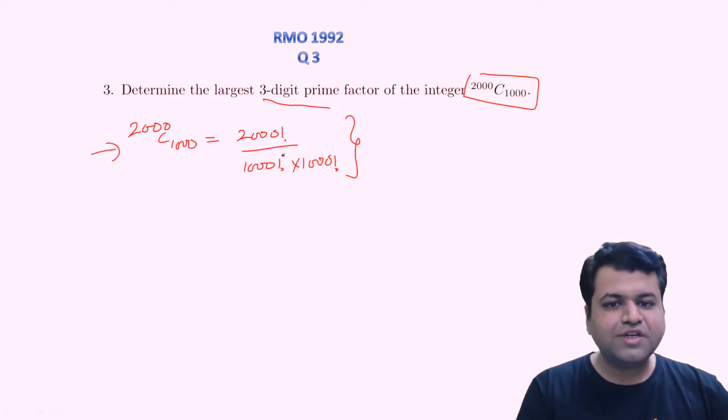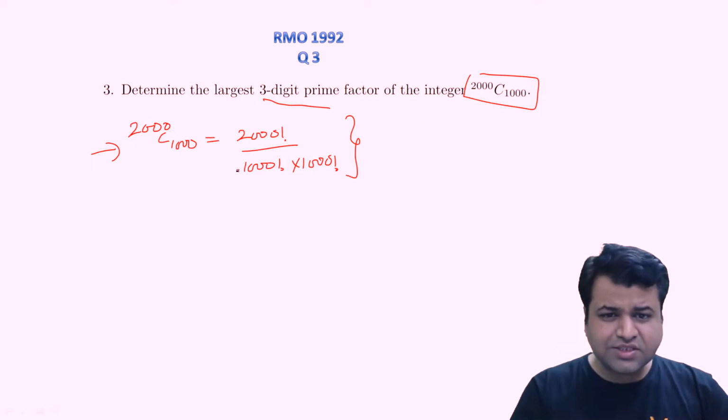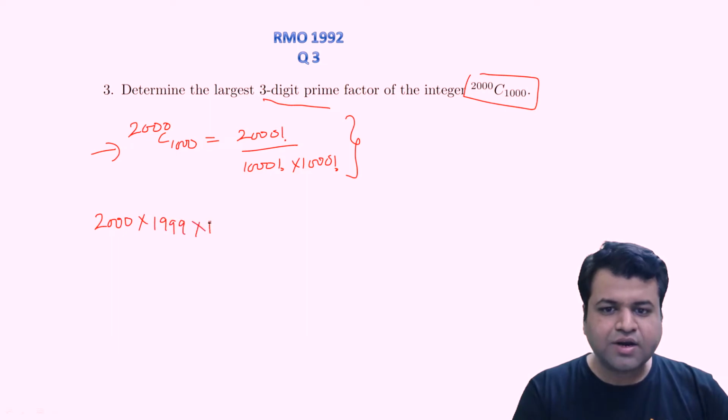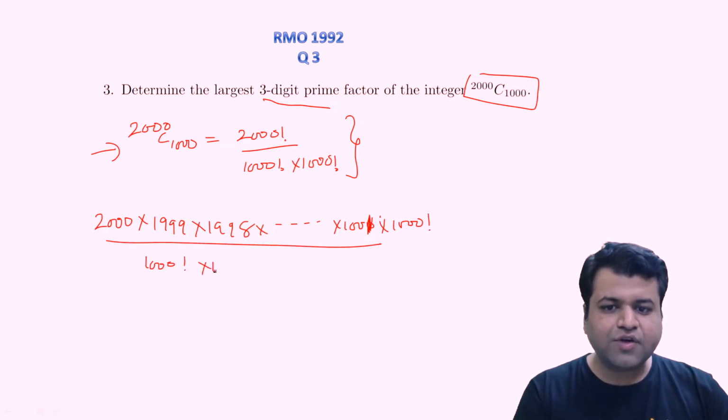If you clearly see, 2000 factorial will be nothing but 2000 into 1999 into 1998 and so on till 1001, into 1000 factorial upon 1000 factorial into 1000 factorial. So this 1000 factorial got cancelled out with this, so we are left with only this number.